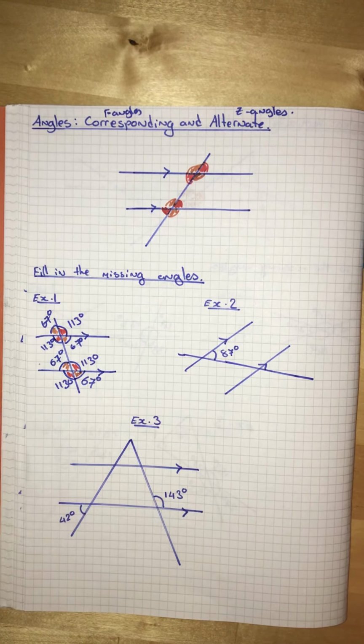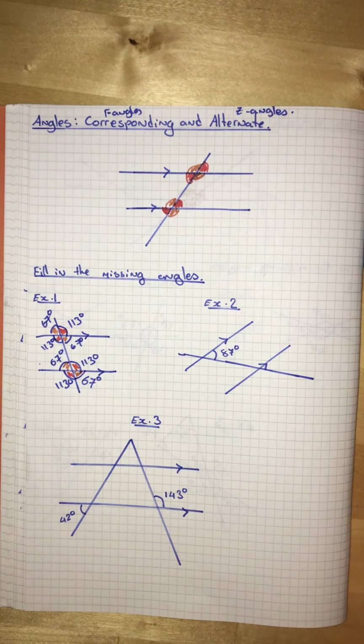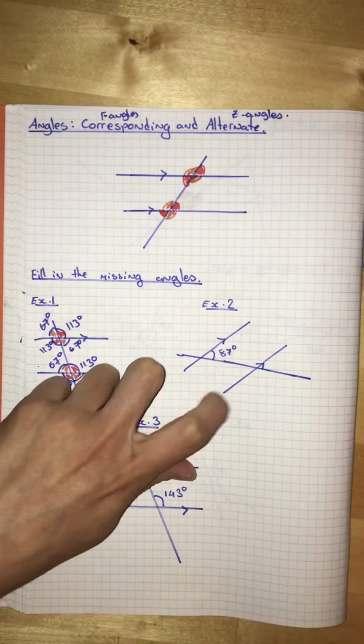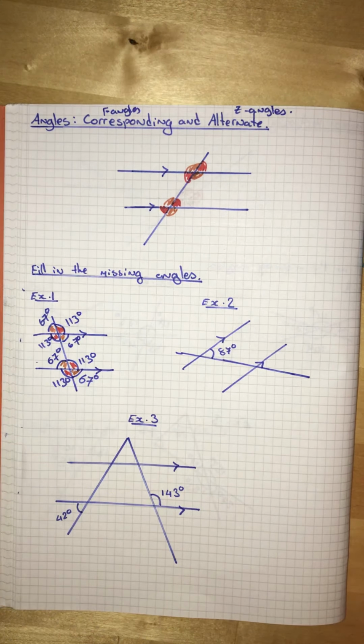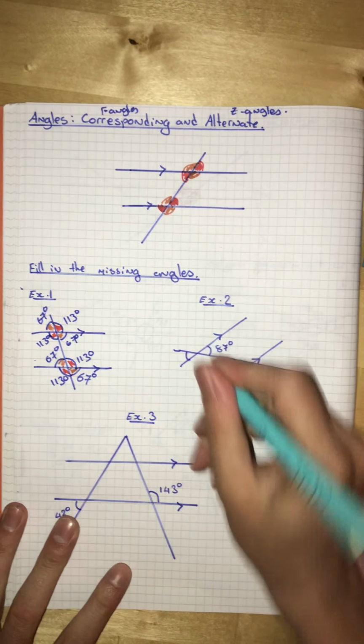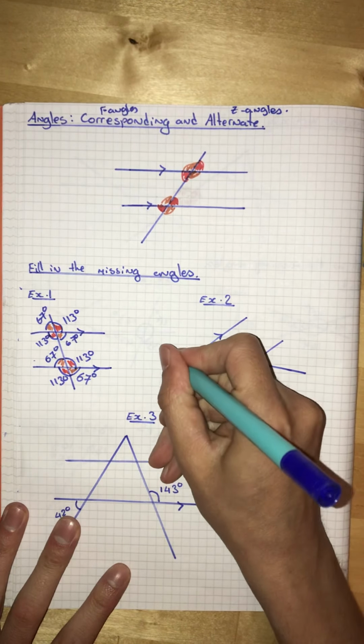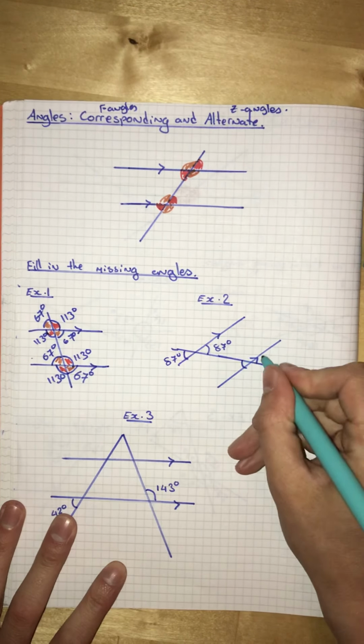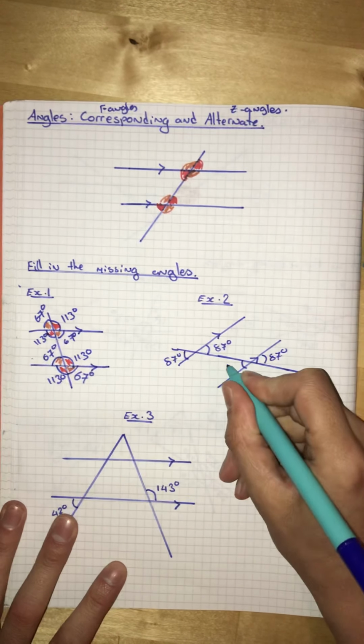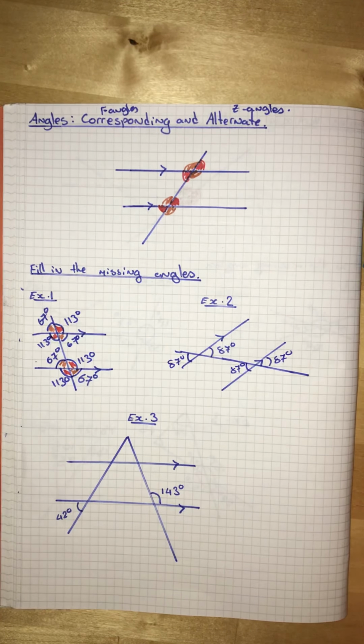So we'll look at example 2. Might look a bit different, but ultimately it is still two parallel lines and another line here. So if this is 87, this one must be 87, which means that these two must also be 87 degrees.